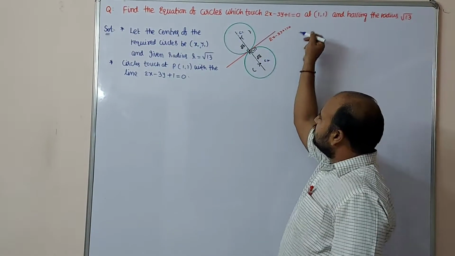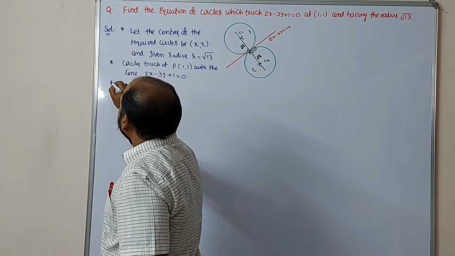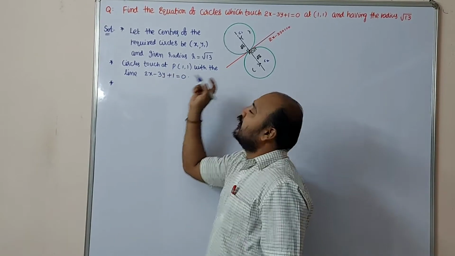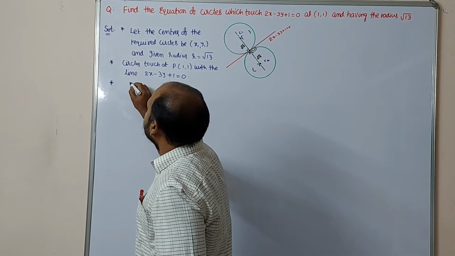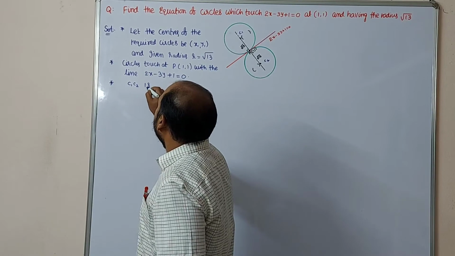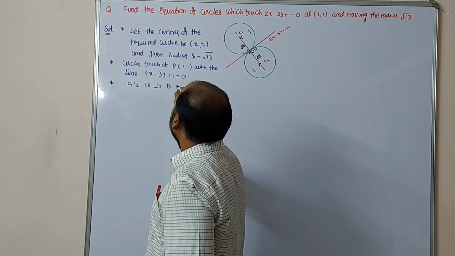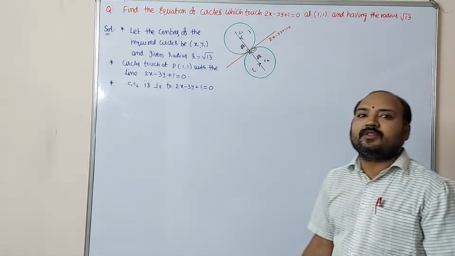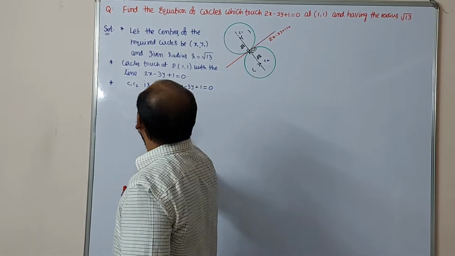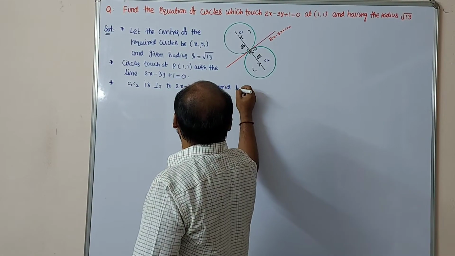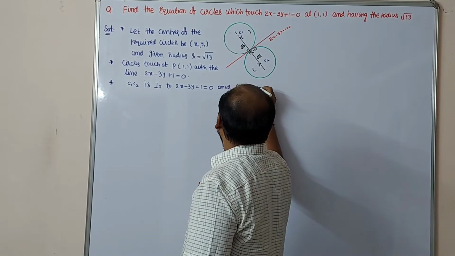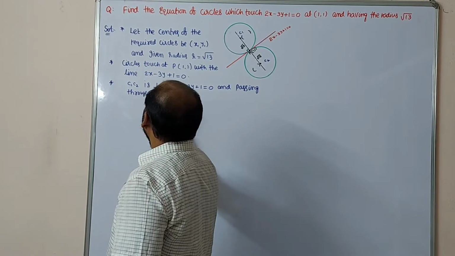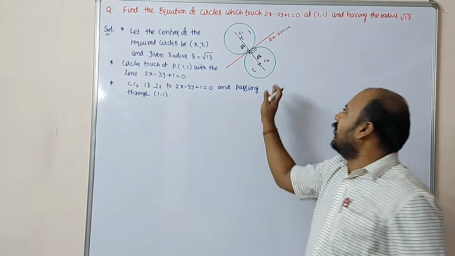Line of centers is perpendicular to, before that, the perpendicular line we can calculate. Line of centers, that means C1 C2, is perpendicular to 2x minus 3y plus 1 equal to 0, and passing through (1, 1). So the perpendicular line we want to calculate, that is C1 C2.